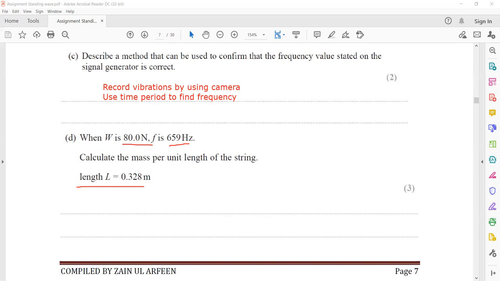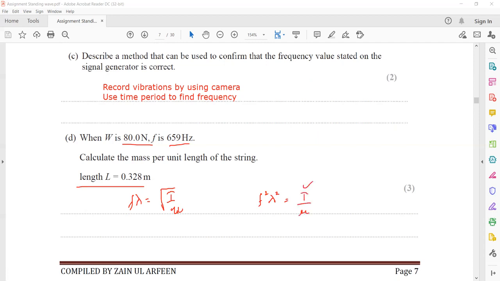We just compare the two equations: f lambda was equal to under root T divided by mu. When I square, f square lambda square is equal to T divided by mu.